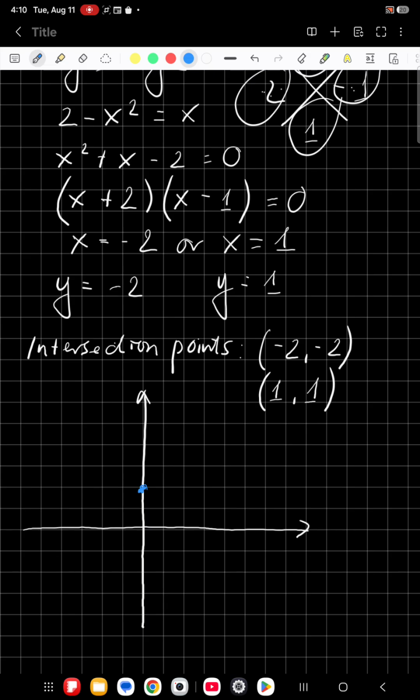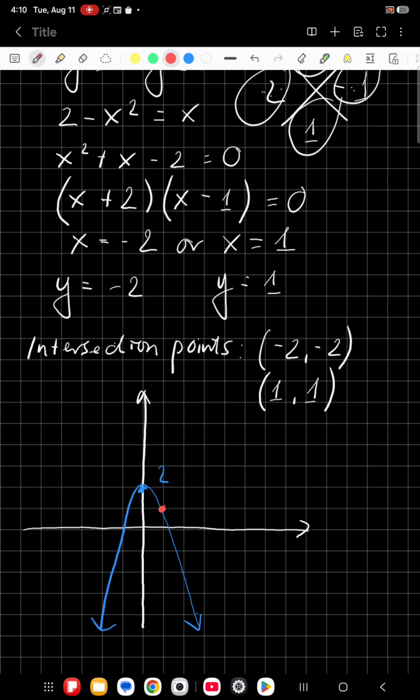I don't know where it crosses the x-axis, but it doesn't matter. Anyway, we have two points of intersection.